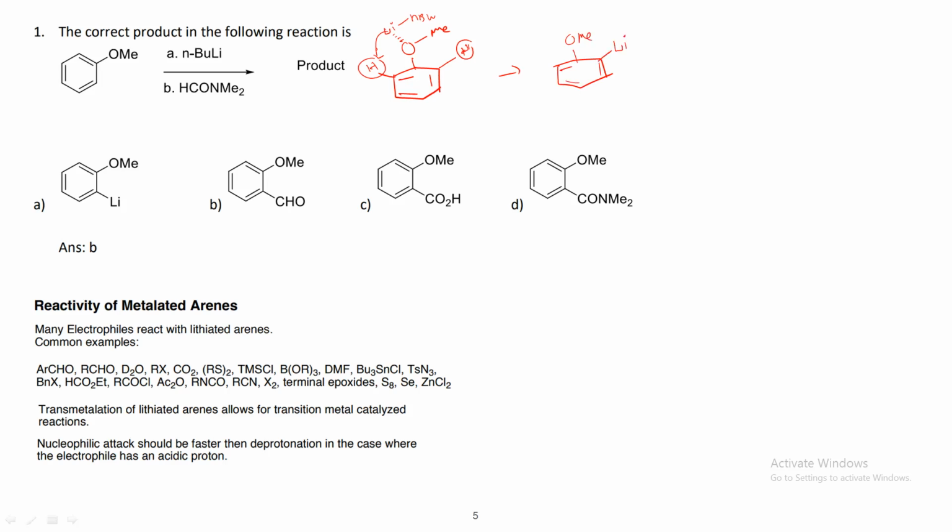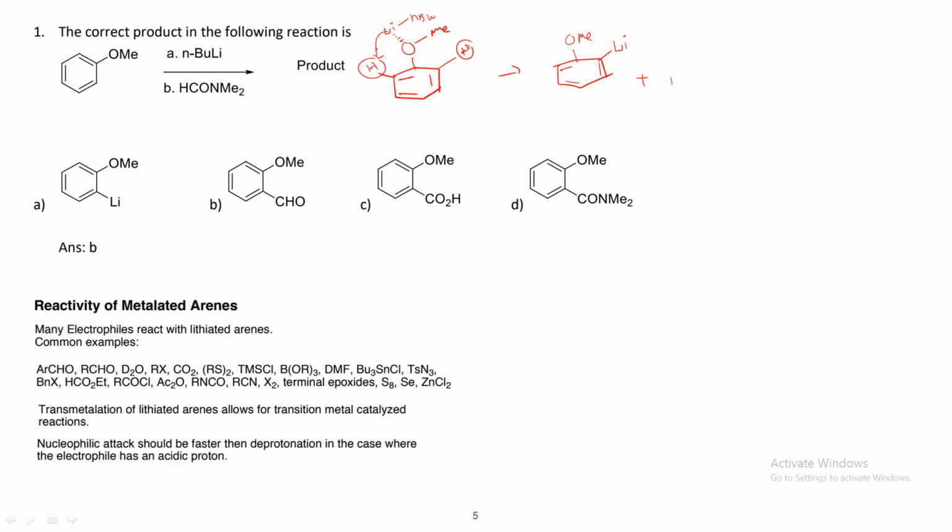And this is an ortho-directing group. So not only OMe, there are many groups that can do the same thing. I will discuss this in detail in the next slide. For the sake of this problem, let's see the next step.